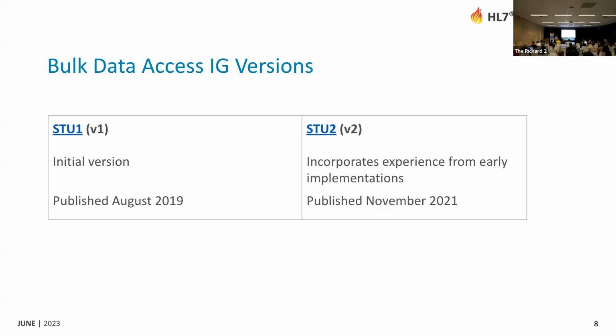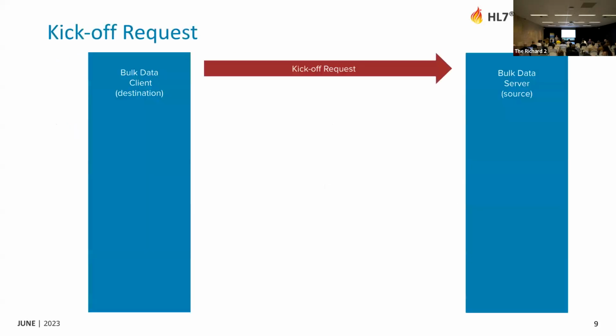So we went back and did a version 2, adding some of those additional features, generally around performance. I'll highlight some of those as we go through. I will note that version 2 is fully backward compatible with version 1. So what a lot of implementations have done is taken pieces of version 2 and added them rather than implementing the full V2 spec, which is certainly fine.